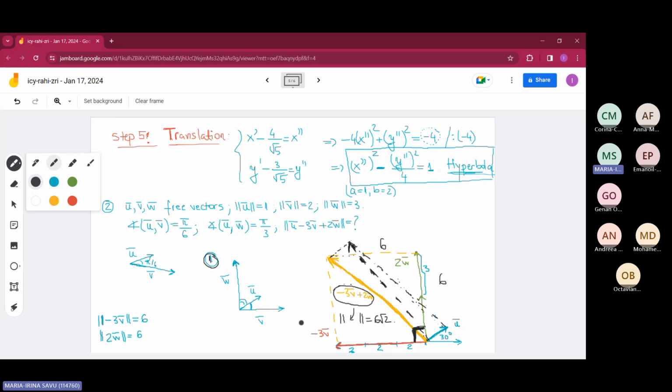So the angle between A and B is actually this angle. Let me clean this part. The angle between A and B is the angle between this yellow and this blue, so it is this one. Okay. And the angle here is, well, you have 60 here, and here you have, if this is a square, 45.